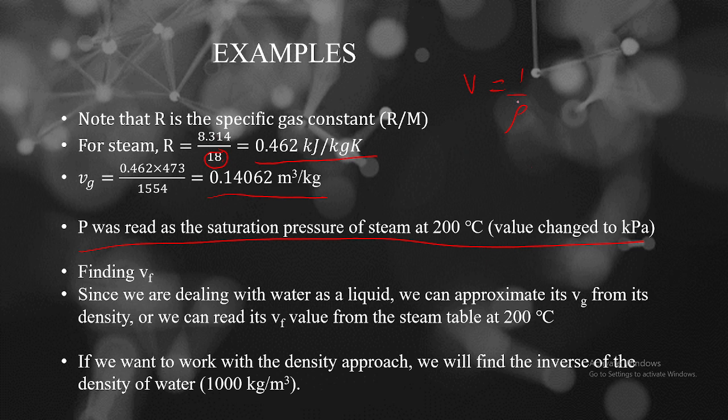And for water, we are going to assume that the density is going to be fairly constant. The density wouldn't change by much. So it means that Vf, I can represent it with 1 over the density of water. The density of water is 1000 kilogram per meter cube. So that my Vf becomes 0.001 meter cube per kilogram, if I'm not mistaken.